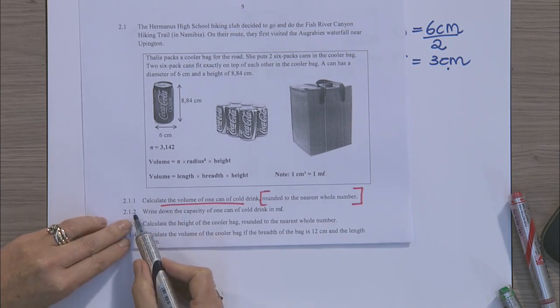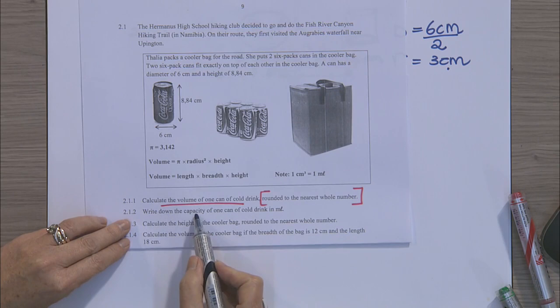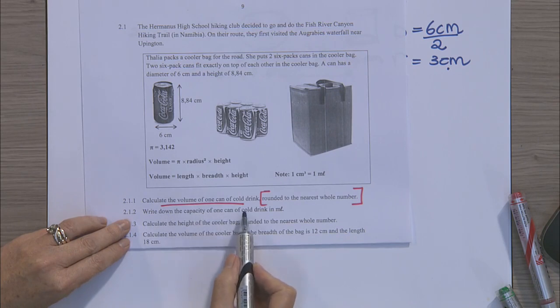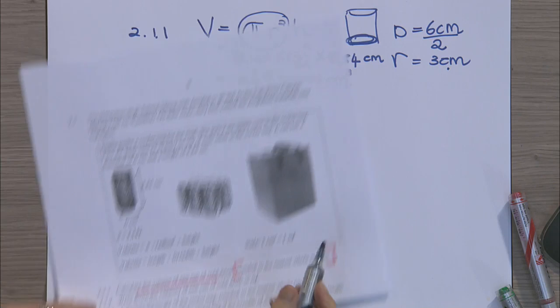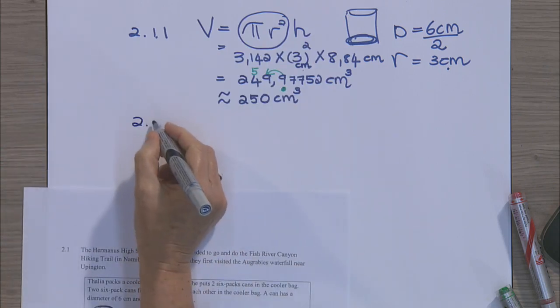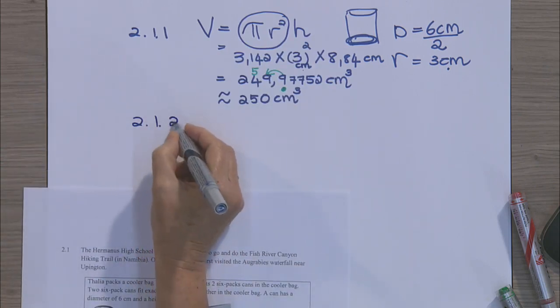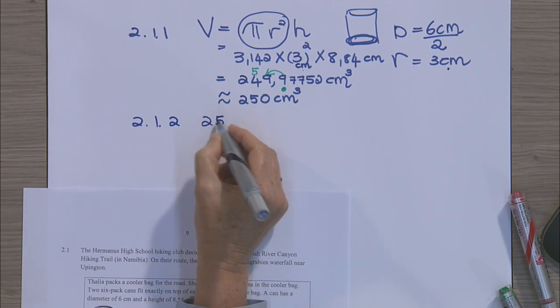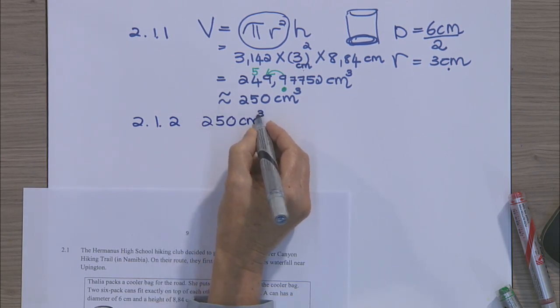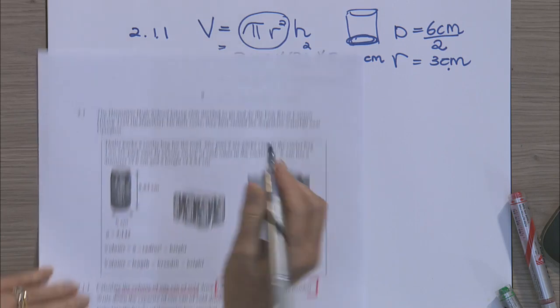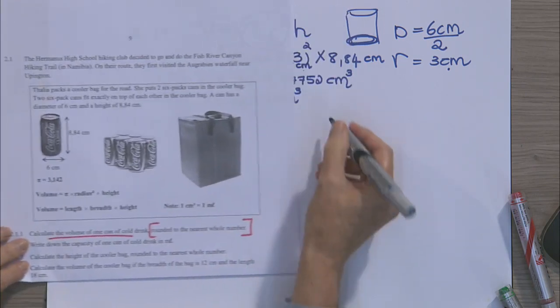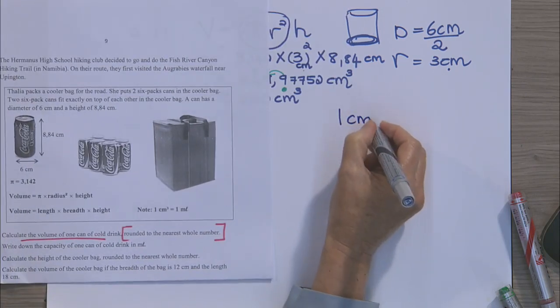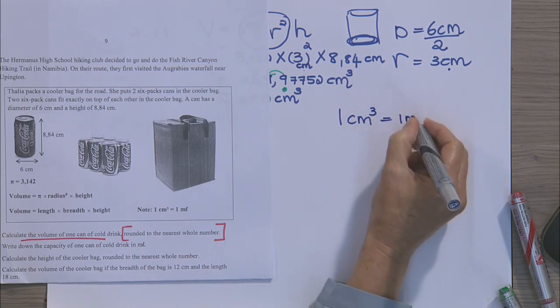Then 2.1.2, write down the capacity of 1 can of cool drink in milliliters. I have 250 centimeters cubed. That's what I have. I have this amazing conversion which says 1 centimeter cubed equals 1 milliliter.